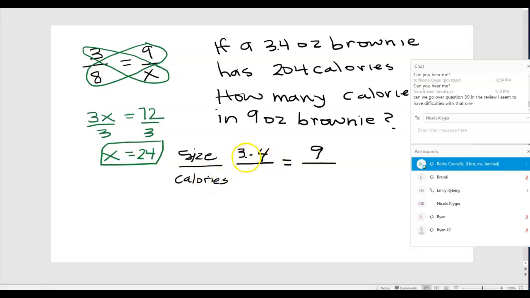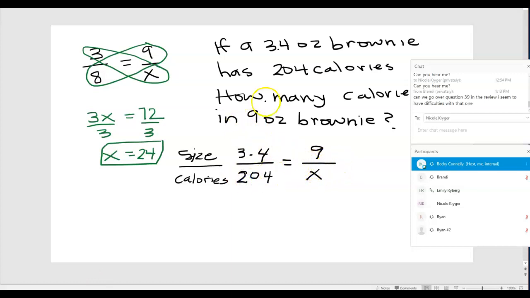So with 3.4, we said that's how many calories? Yeah. So we'll have 3.4 over 204 equals 9 over x, because we don't know how many calories are in that 9 ounce one.